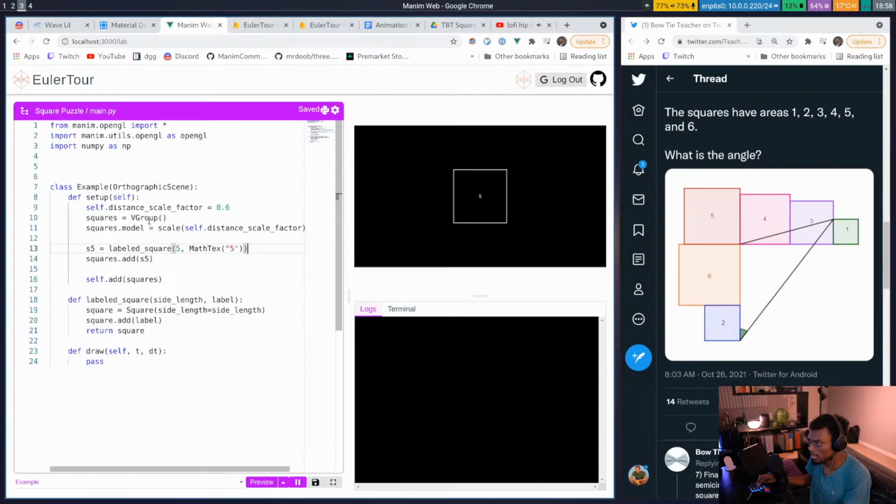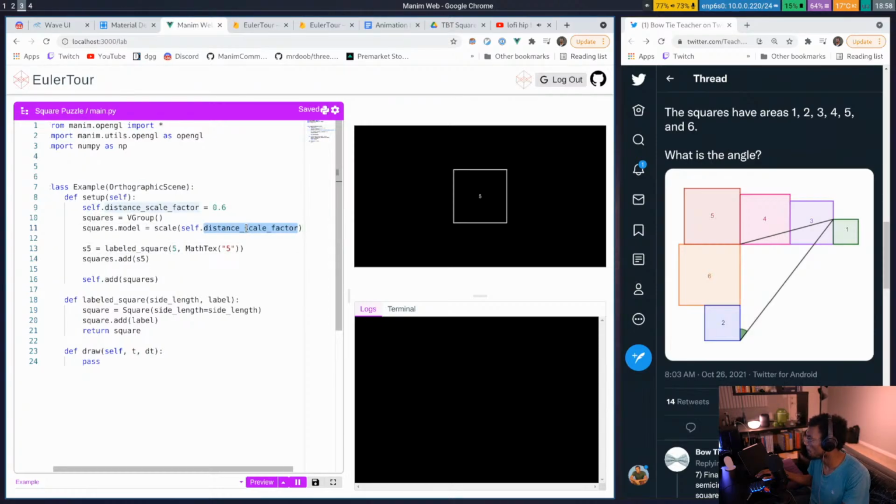So at the regular side length, I'll scale the entire thing by this, the distance scale factor, since I think I want everything scaled by this, but the label, I have label dot model and scale it the opposite way.